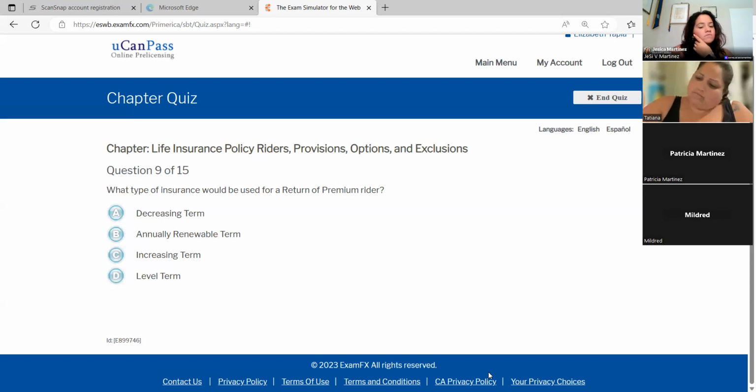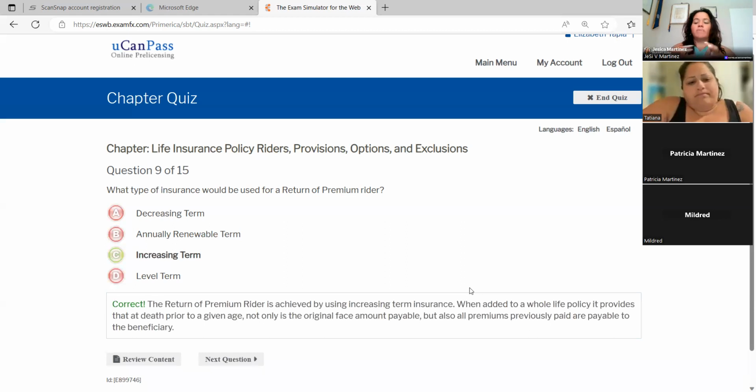So that's C, increase in term. Since you buy it for an X amount of years, it's increasing the amount.